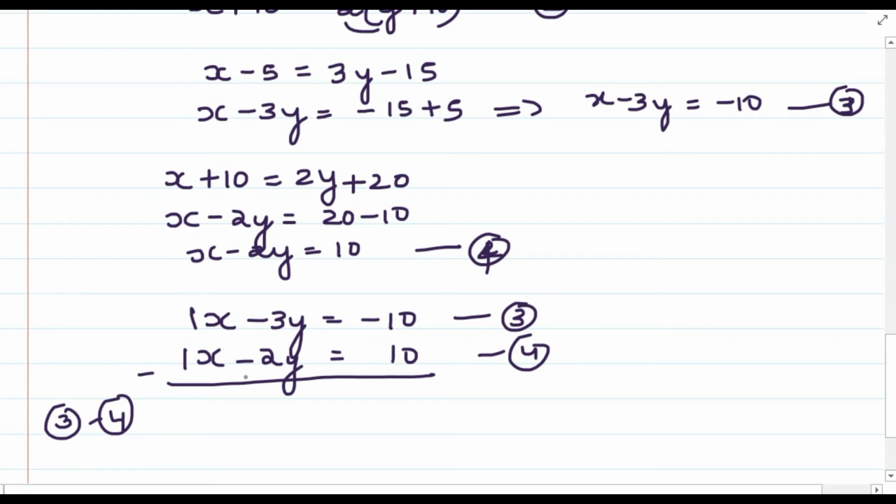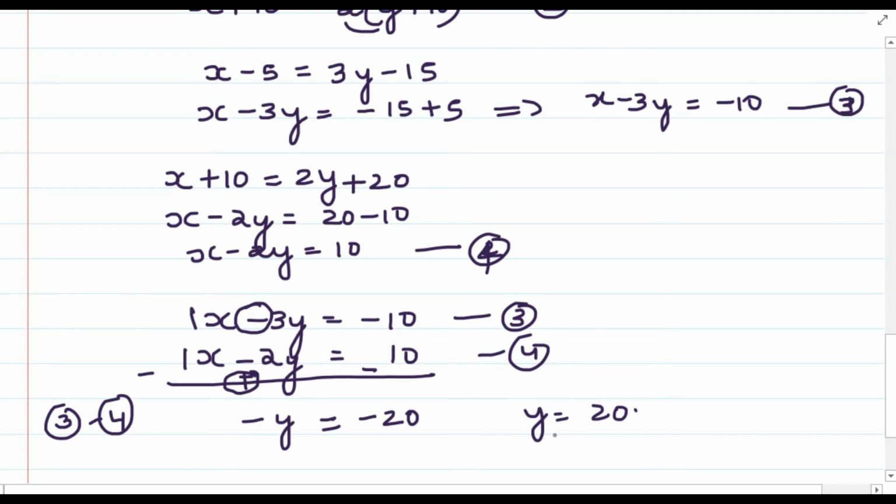Change the sign, this will become plus, this will become minus. Now minus 3Y plus 2Y is minus Y, because one is minus sign, other is plus sign. Subtract and put the bigger number's sign. So minus Y equal to, both are minus sign, so add and put the minus sign, minus 20. So Y equal to 20.